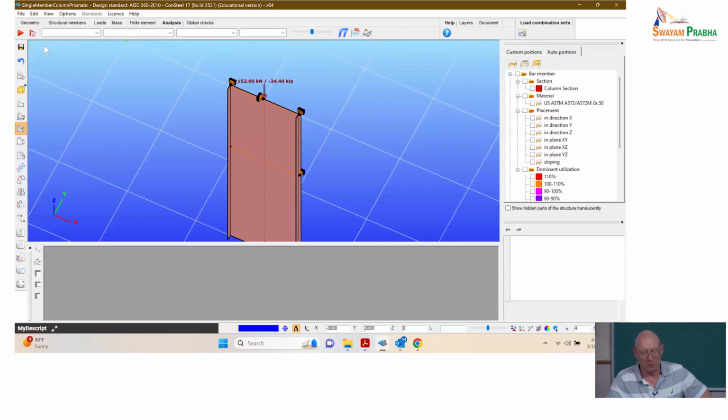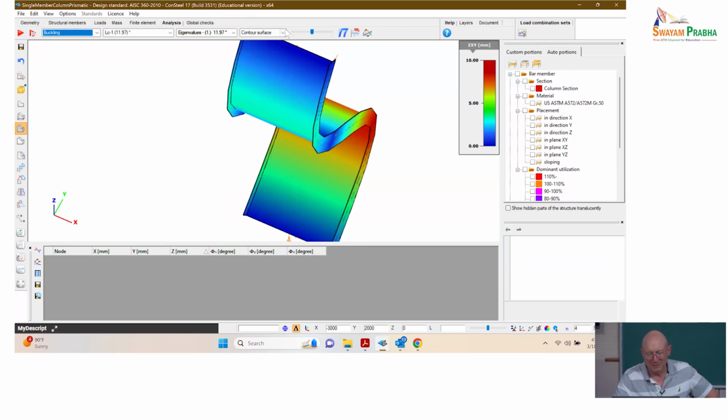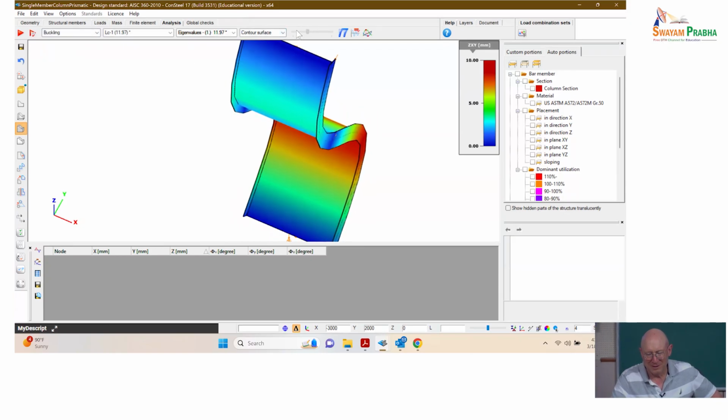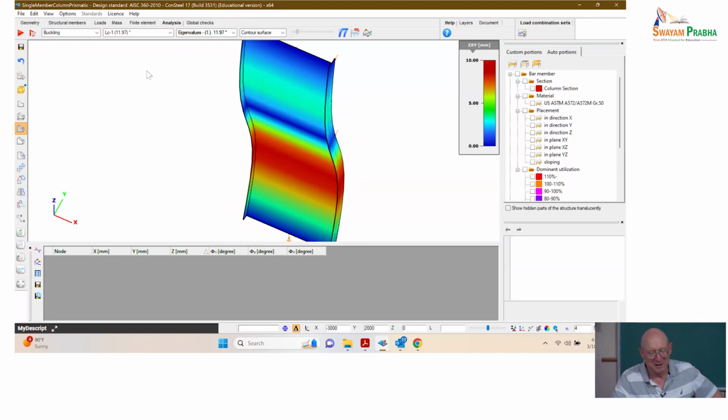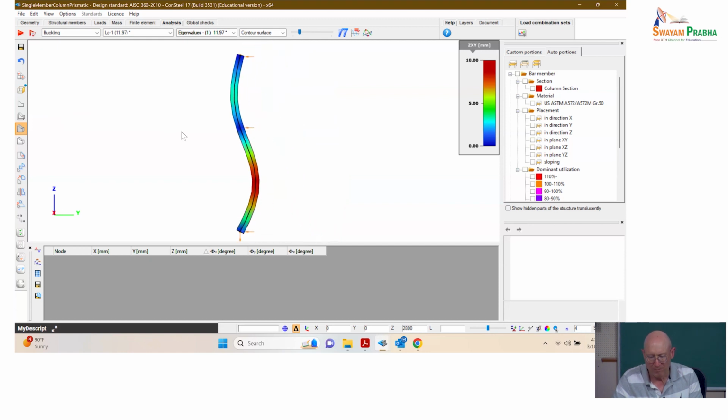We can do our analysis, and if I go to the buckling, nothing super fancy here. The way this is braced, if we look at it from the end, yes.